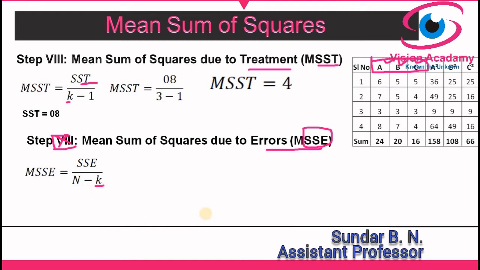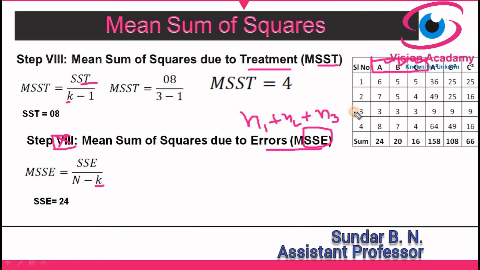We found SSE in the last step; SSE in this example is 24. Now I will show you. We know K is 3 in this example, as I showed you while calculating MSST. We want to know N. As I told you, N is equal to N1 plus N2 plus N3.